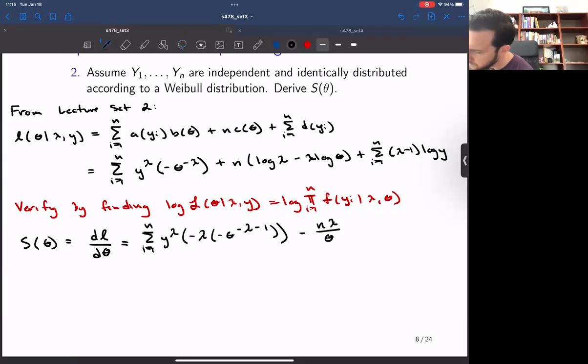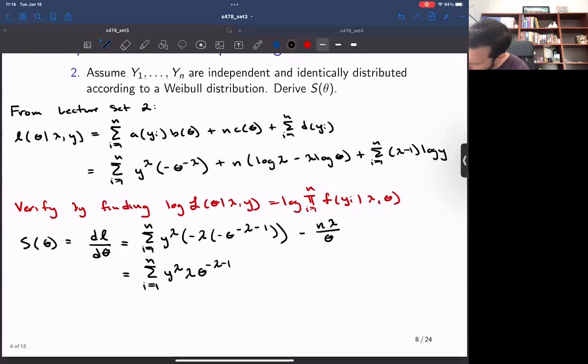So this should simplify to the sum from i equals 1 to n of y_i to the lambda times lambda times theta to the negative lambda minus 1, minus n lambda over theta.